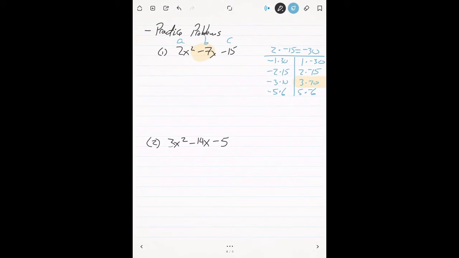So that way, when we rewrite this polynomial, instead of saying 2x squared minus 7x minus 15, we're actually going to say we have 2x squared plus 3x minus 10x minus 15.